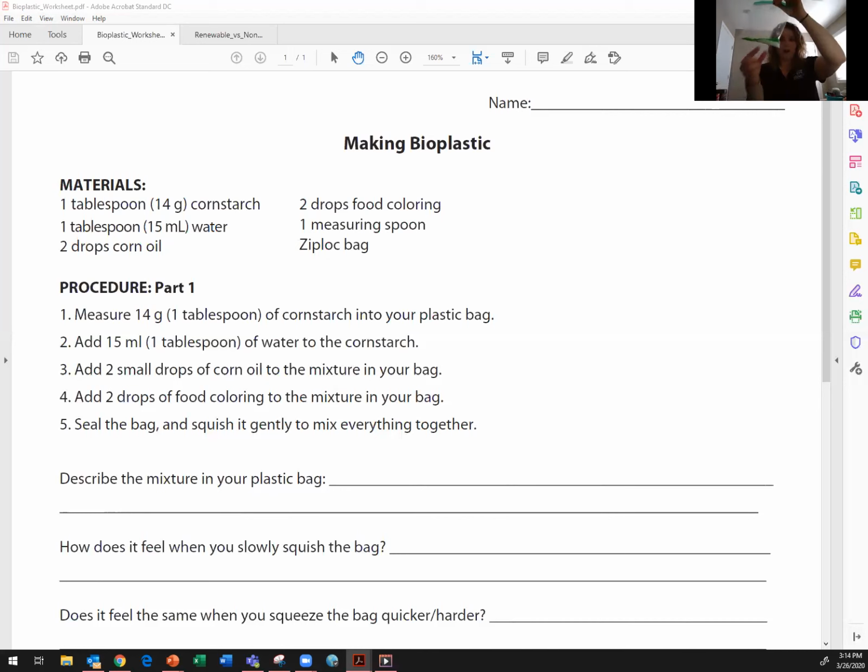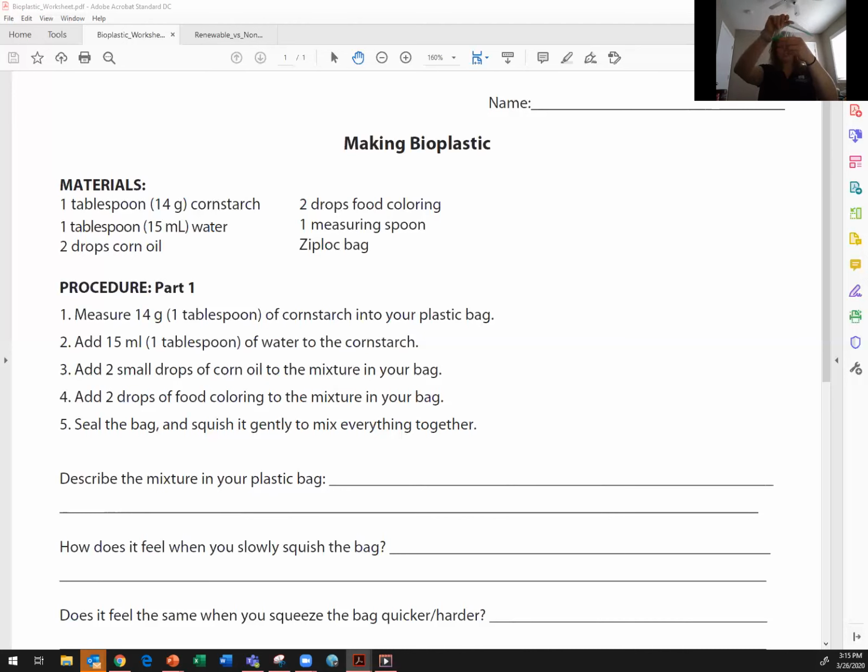So I have my water, my cornstarch, my corn oil, and my food coloring in this bag. Make sure that you seal your bag tightly. And we are going to mix everything together.